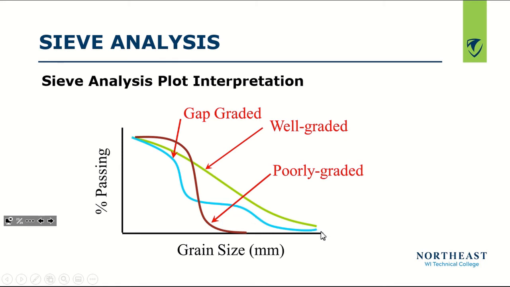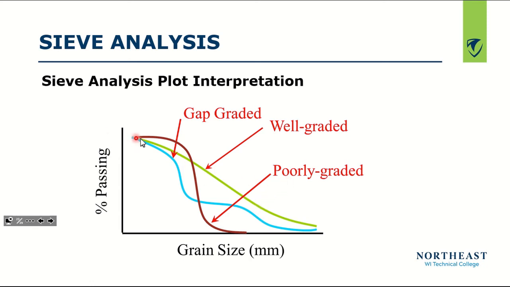All right, so that's gap graded. So when I plot it out, I can identify my curves. Okay, a well graded means there's all sizes from small to large. Okay, small to large. So as you can see, that curve is pretty flat. Okay, and then poorly graded means one size.